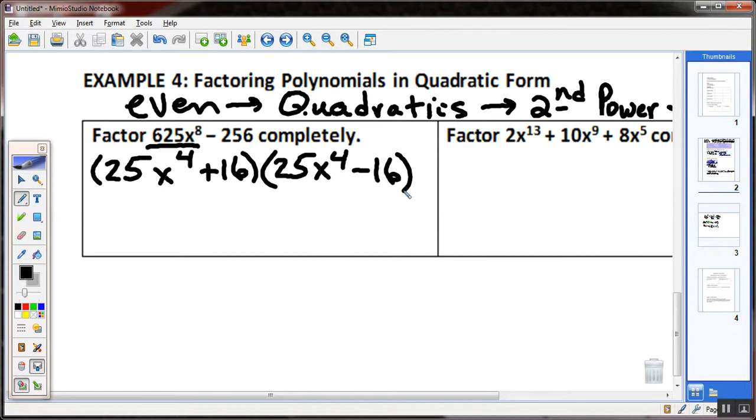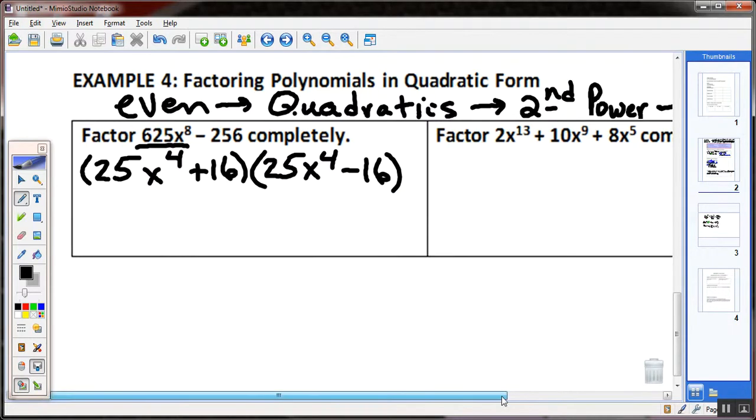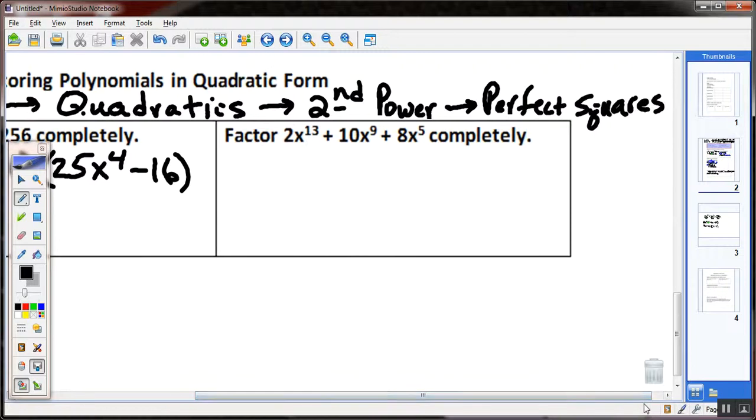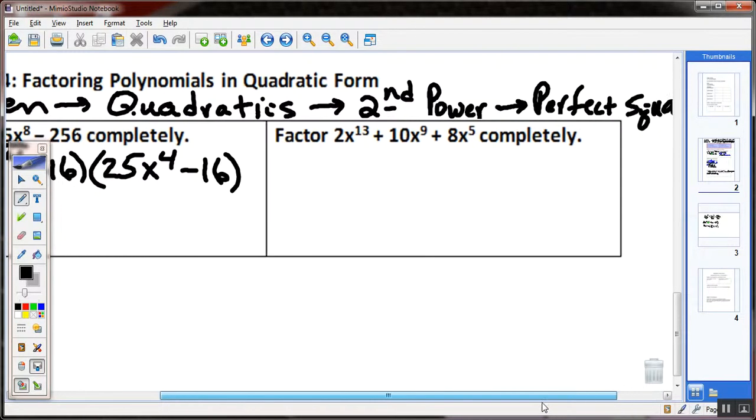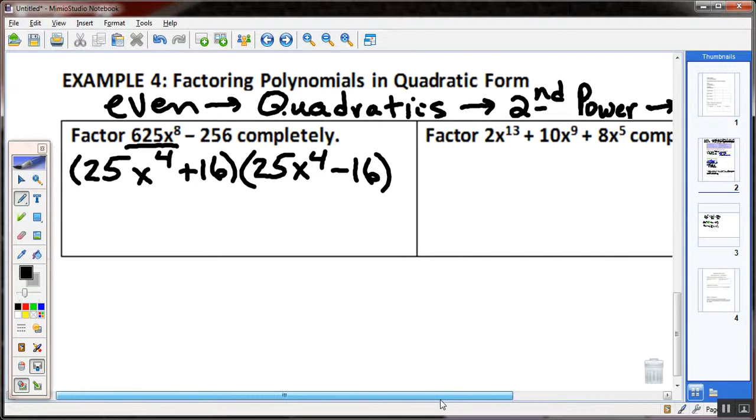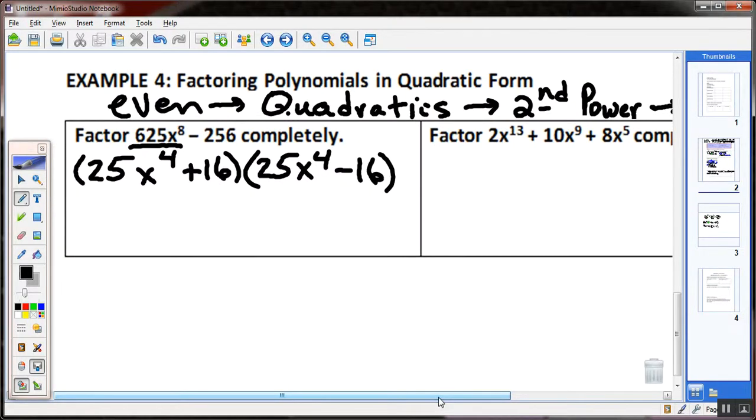Guys, I look at 25 and 16 and I think, oh my gosh, 25 is what kind of a number again? 25 is a perfect square, something you can square root. I also look at 16 and think, oh my gosh, kids. 16 is also a perfect square.